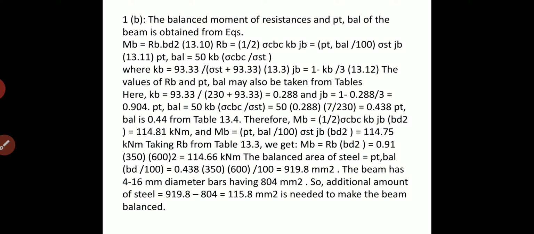The beam has 4 bars of 16 mm diameter, having area of steel 804 mm square. So additional amount of steel is 919.8 minus 804. The value we get, 115.8 mm square, is needed to make the beam balanced.